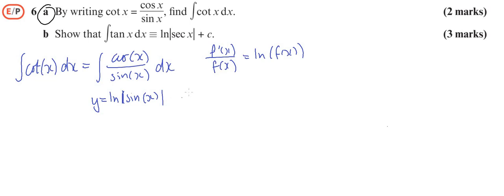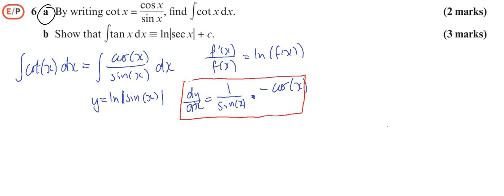Okay, so now if we differentiate that, we are going to get 1 over sine x times the derivative, which is minus cos of x. So what's the difference? Remember, once we've differentiated our guess, I'm going to compare this with the thing that I am integrating.